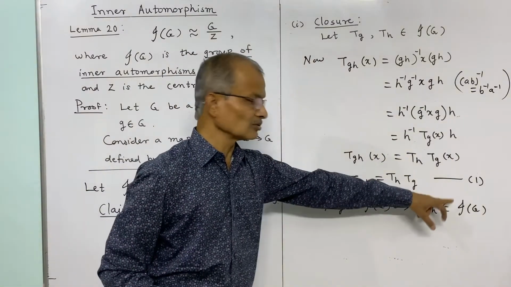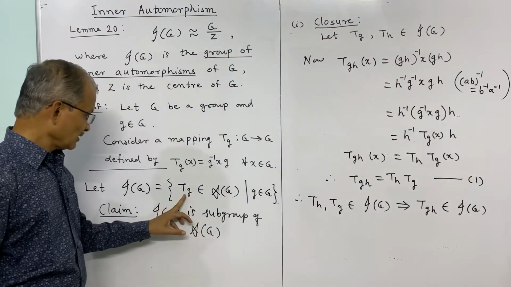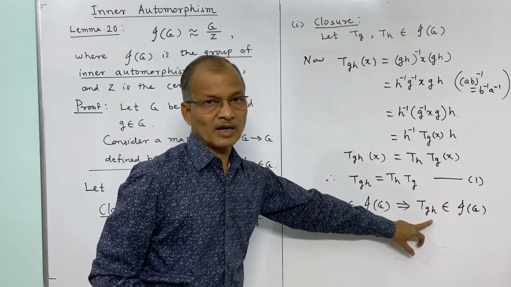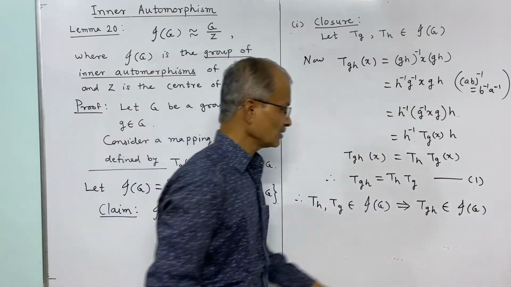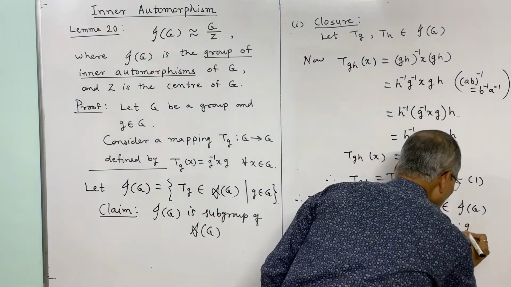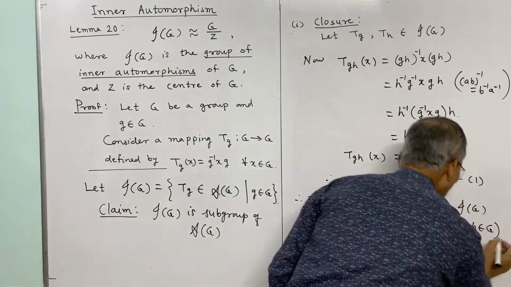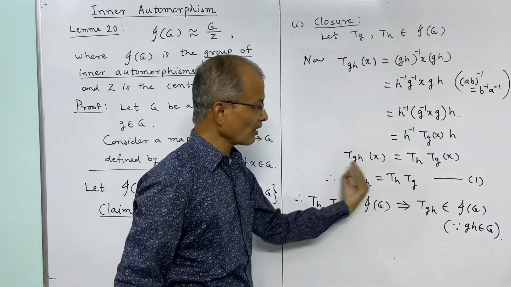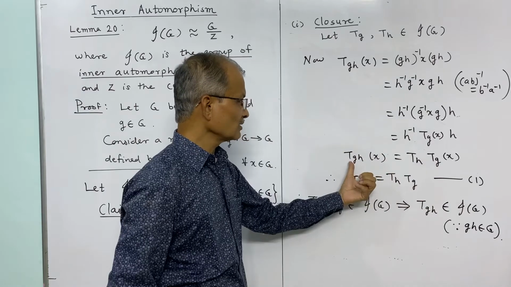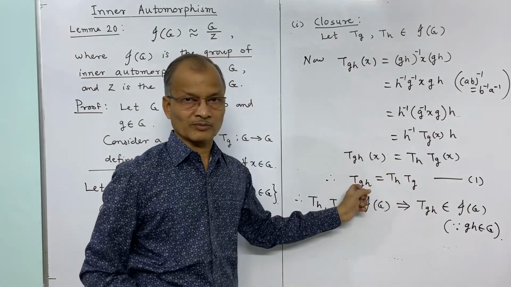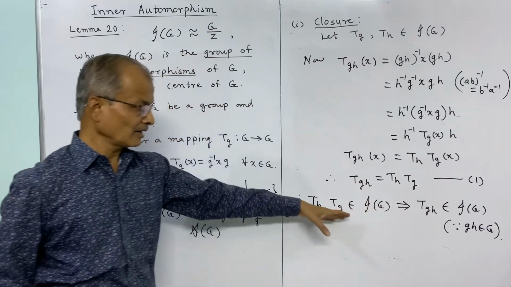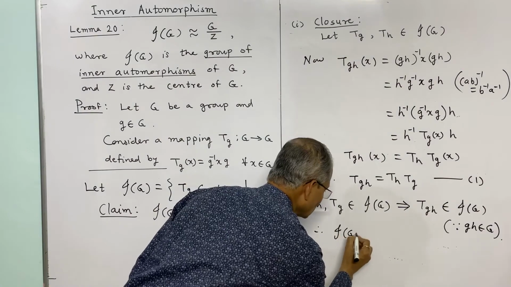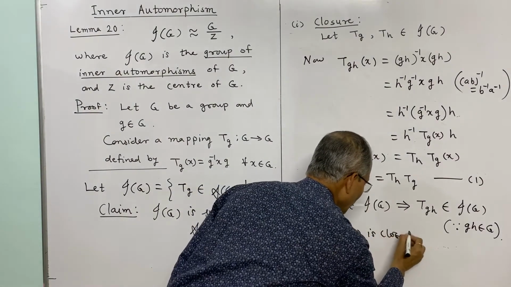Because GH belongs to G. When we say TG is in IG, G is in G, and G and H both are elements of G, therefore GH belongs to G. Since GH is in G, this shows that IG is closed. The product we have written like this, TH TG. The product is TGH, and that is also an inner automorphism, and therefore IG is closed. Closure property we have proved.